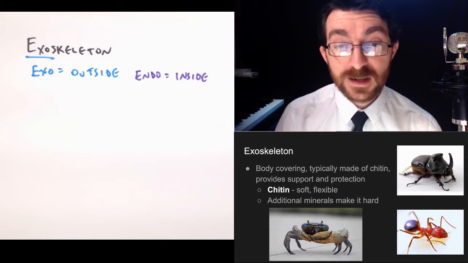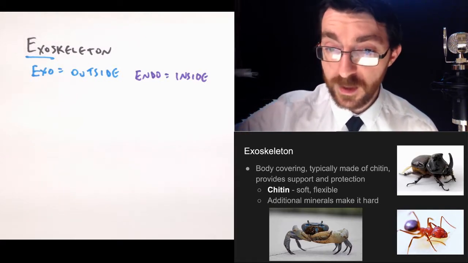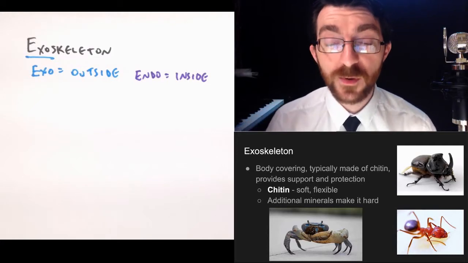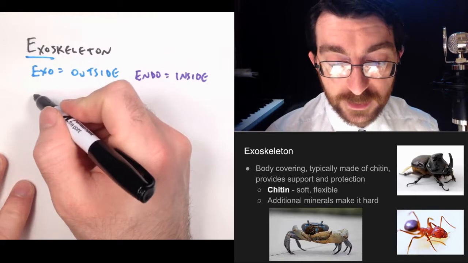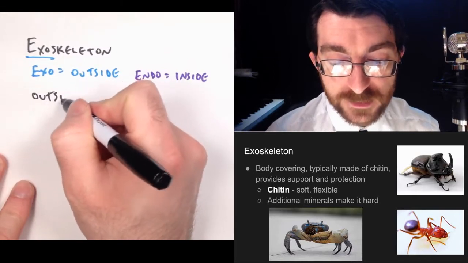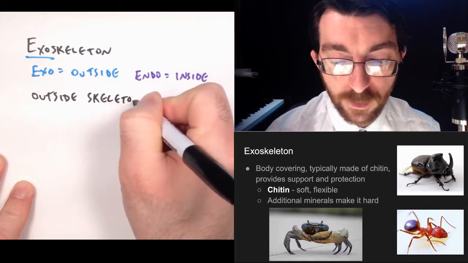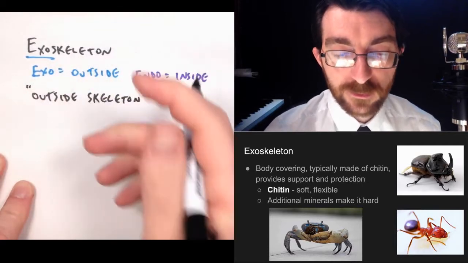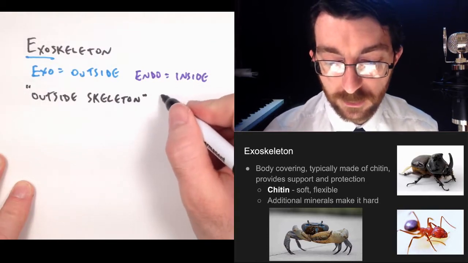So, an exoskeleton is a body covering typically made of chitin, and it provides support and protection. So, an exoskeleton is basically an outside skeleton, but that's a really terrible name. I mean, no one ever calls it that. Really, we think of it as kind of like a shell.